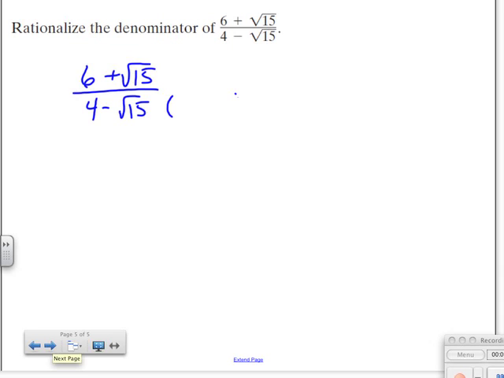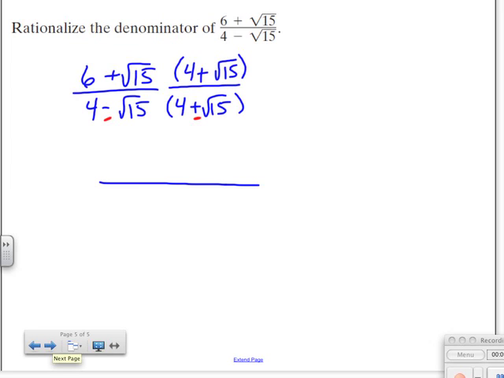And so using the idea of what we just did in that last screen, we're going to multiply by the conjugate of the denominator. And the conjugate, again, just means that you take that middle sign and you switch it. And so when I do that, on the bottom, again, the conjugates, you just square those.